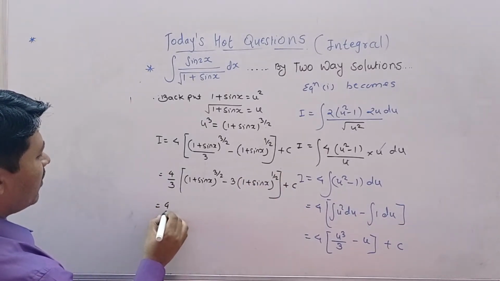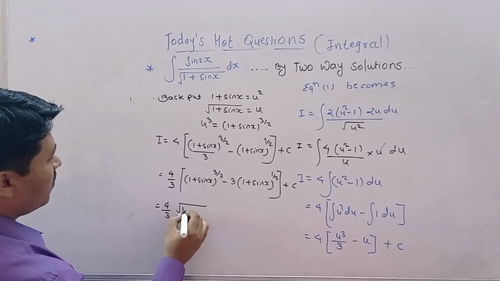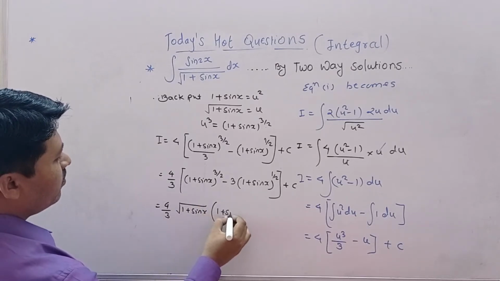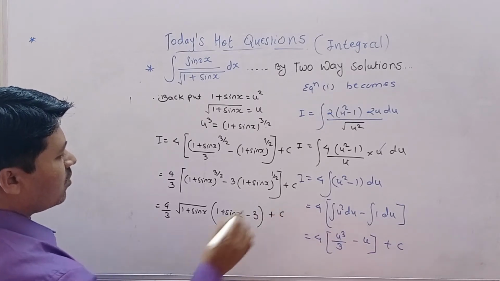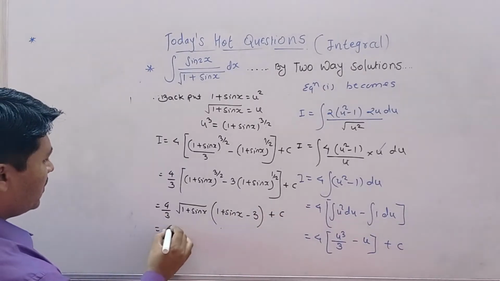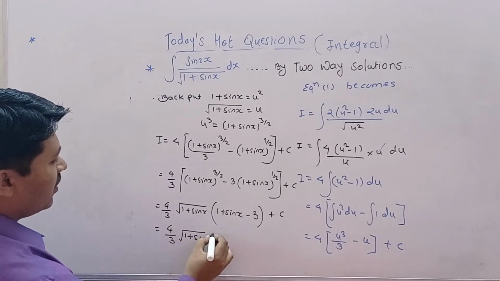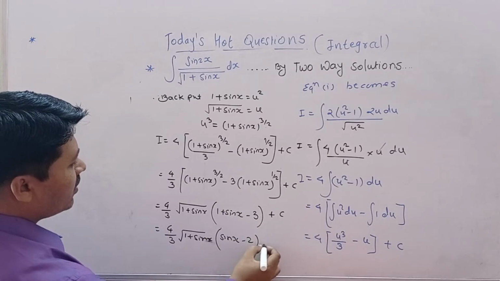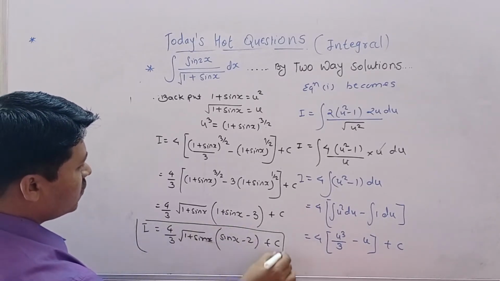Here we also take common 4 by 3 and under root 1 plus sin x, and this term becomes 1 plus sin x minus 3, plus the constant of integration. Therefore this integration becomes 4 by 3 under root 1 plus sin x, and in the bracket the term is sin x minus 3 plus 1, which is sin x minus 2, plus the constant of integration, and this is my final solution.